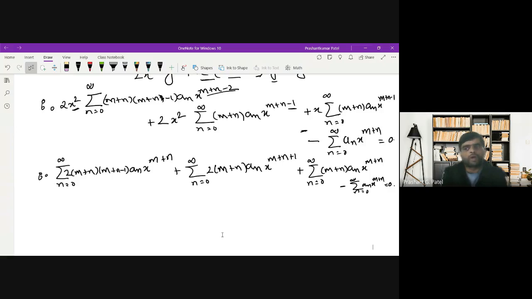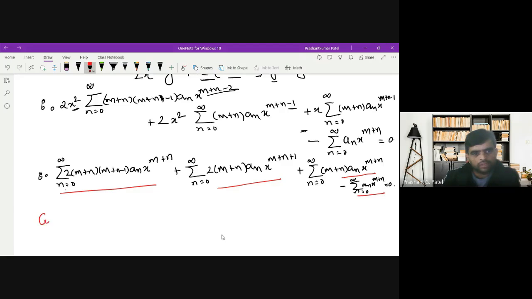What will be the lowest power of x? I can observe that when I put n equal to 0 here, the lowest is x power m. Here it is x power m plus 1. Here it is x power m. Here is also x power m.